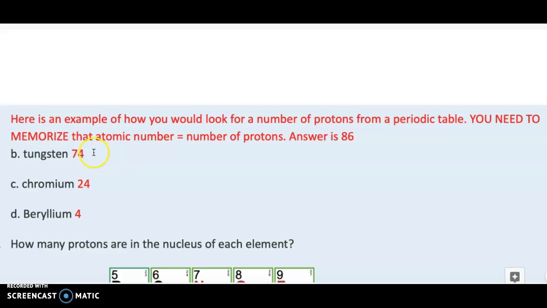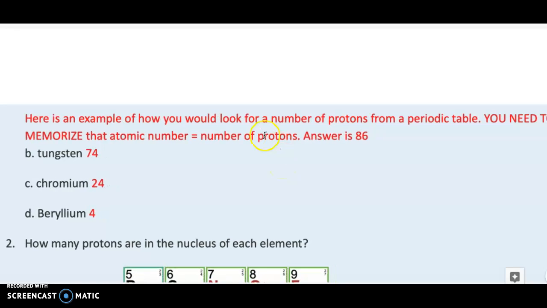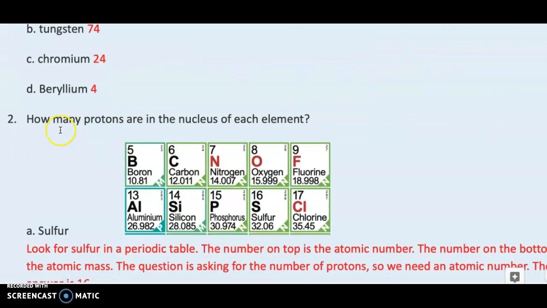You need to memorize that the atomic number is equal to the number of protons. Therefore, you can look it up very easily. If you have a periodic table next to you, you can find out that atomic number for chromium is 24, therefore it has 24 protons. For beryllium it's 4 and has 4 protons.